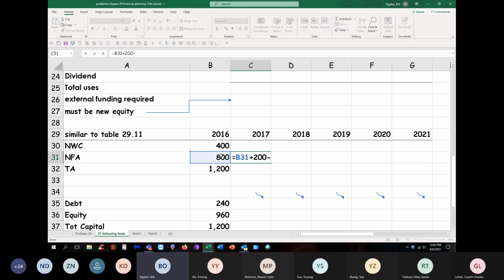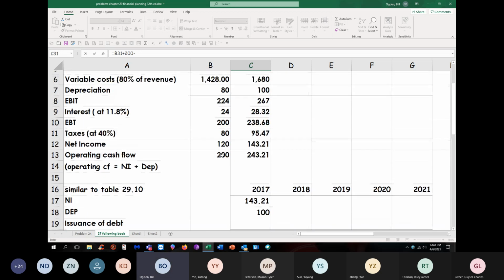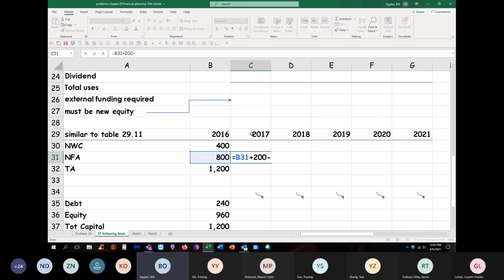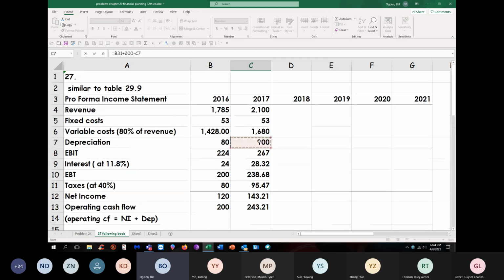Your net fixed are what? Gross or total fixed assets minus accumulated depreciation. So what have you done with these numbers? You've added 200 to the gross fixed, but you've also added what was it up here? 100 to the cumulative depreciation. So the net outcome is only 100 more, isn't it? So it's 200 minus 100.